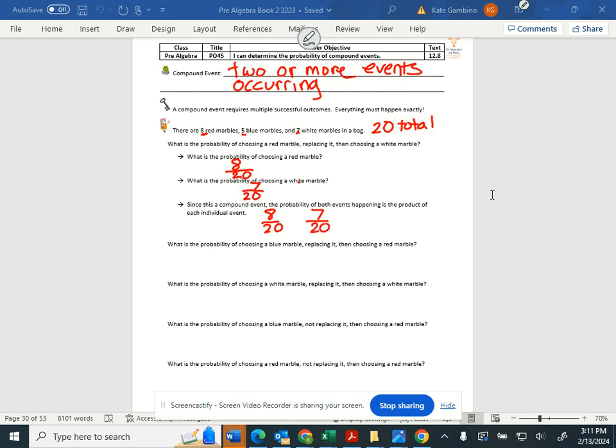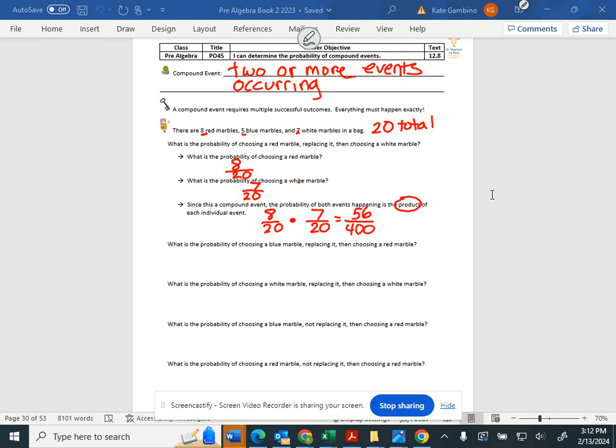Since this is a compound event, the probability of both events happening is the product of each individual event. Product means we are multiplying. So we're going to multiply across, and we have 8 times 7 is 56. 20 times 20 is 400.